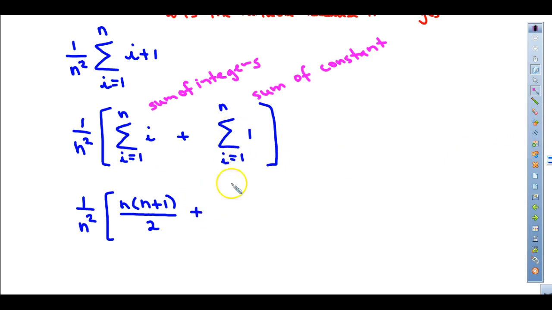So what I'm going to do is apply my formula that says all I have to do here is multiply my constant times n, and that gives me n. Notice that when I apply my formulas, the sigmas are gone, because this is the sum of all my integers, 1 plus 2 plus 3, and so on. This right here is the sum of 1, n times.